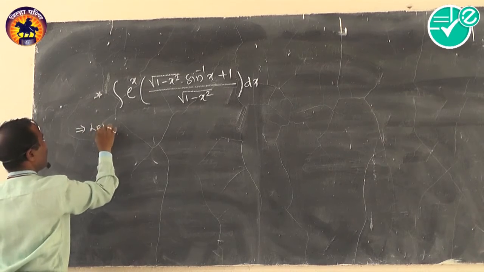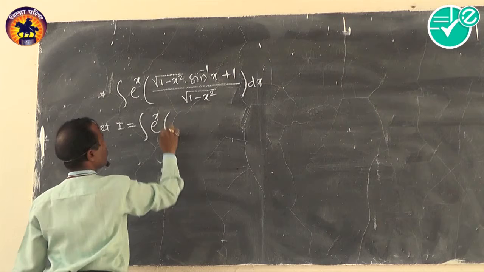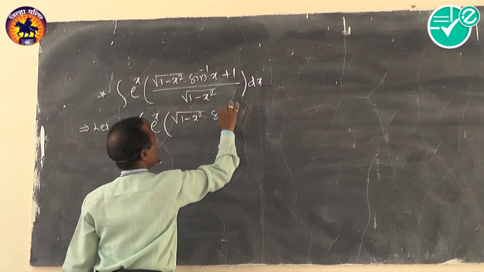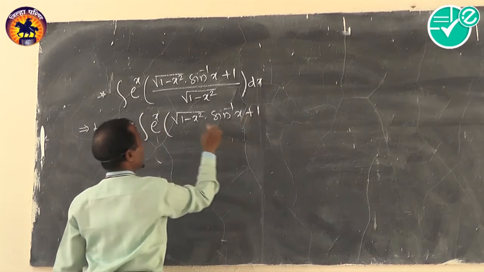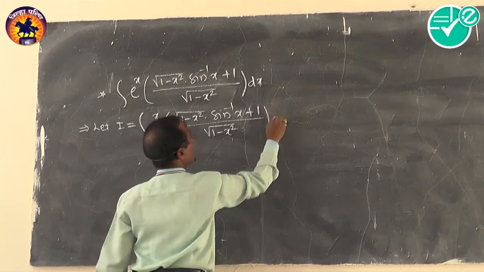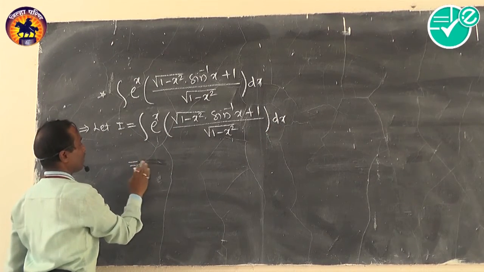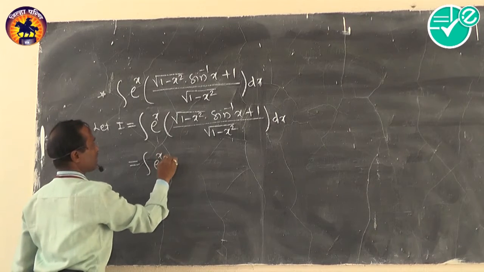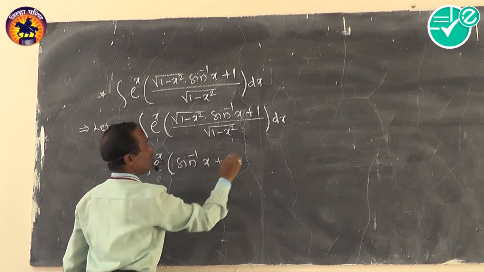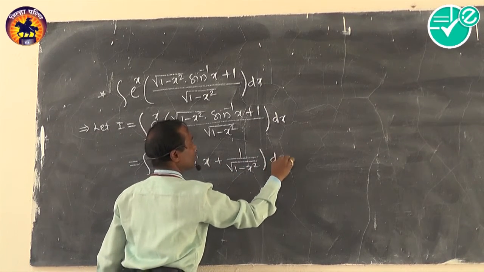Let I is equal to integral of e raised to x into (root 1 minus x square sine inverse of x plus 1) divide by root 1 minus x square dx. Now separate the divide. We get integral of e raised to x into (sine inverse of x plus 1 upon root 1 minus x square) dx.